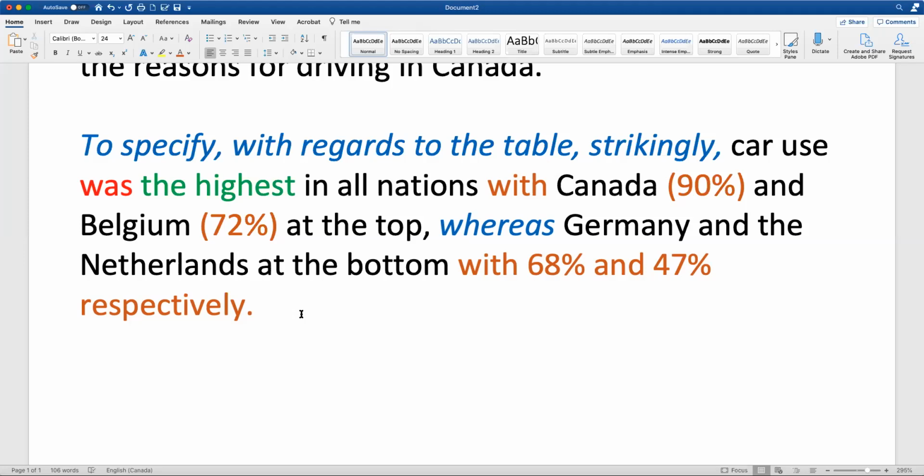Any questions about that one? No. So all I did here was I looked at car use and noticed that it was the highest there.